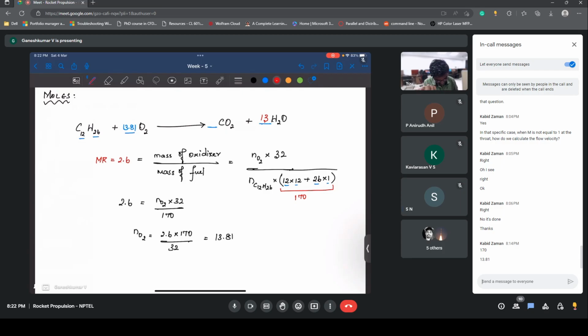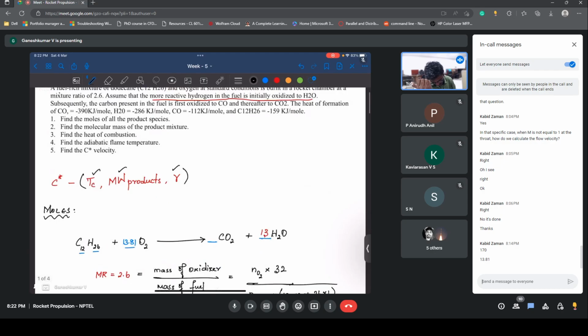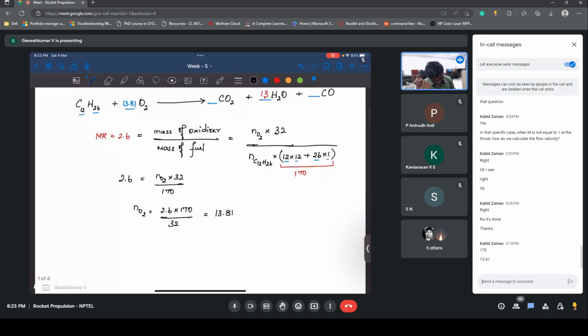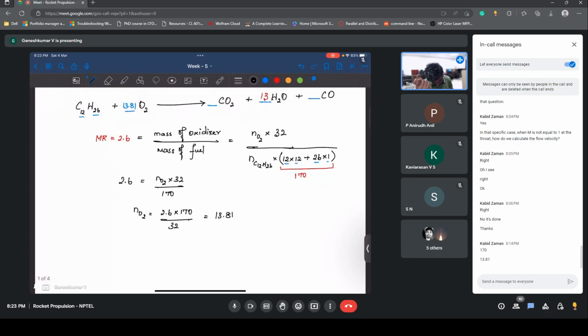So if I have 13 H2O molecules, now I need to balance. What has been given is that the carbon present in the fuel is first oxidized to CO. So we need to consider CO. How many CO molecules do we form? We took 13 O atoms for H2O.